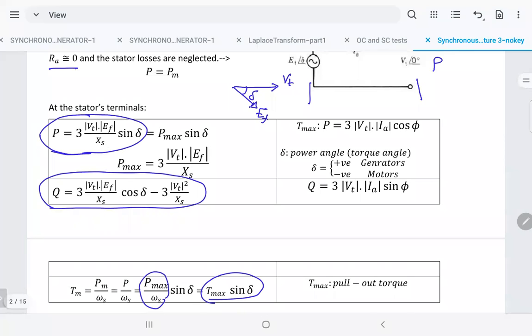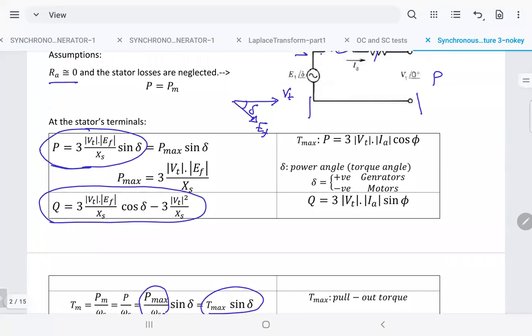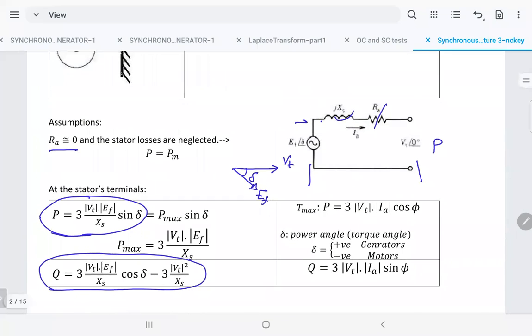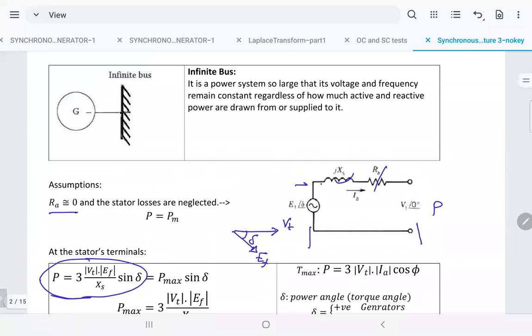Well, what's P? What's Q? P and Q are the active power and reactive power at the terminal at VT. So you can look at it as the generator sending power and reactive power to the infinite bus where the load is connected.